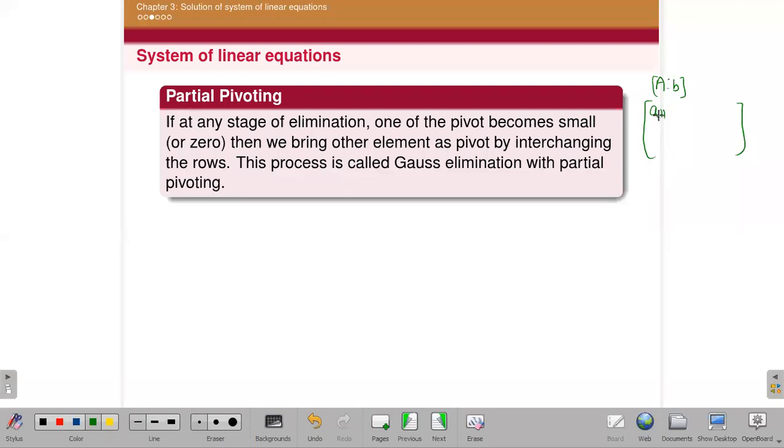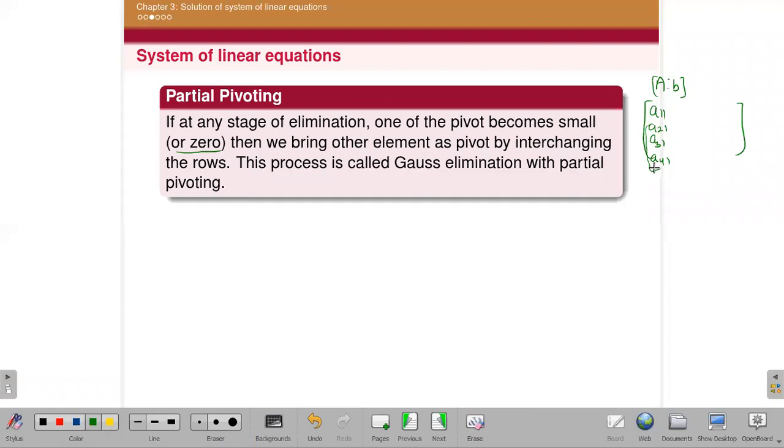Suppose I am taking A11, then A21, then A31, suppose it is a 4 cross 4 matrix. Now we want to make these elements 0, so we have to divide by A11. If it is equal to 0, then you take a non-zero number and replace it with A11. So that will become the pivot element. This is the case of 0.